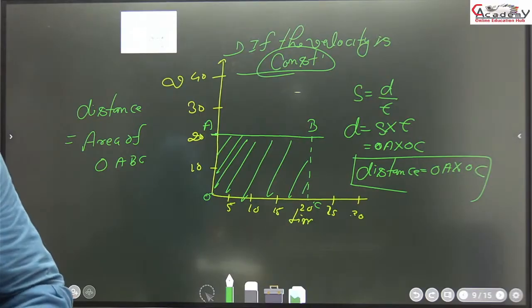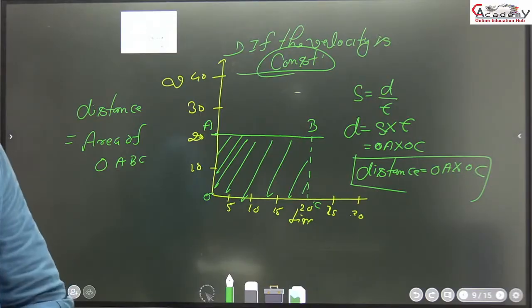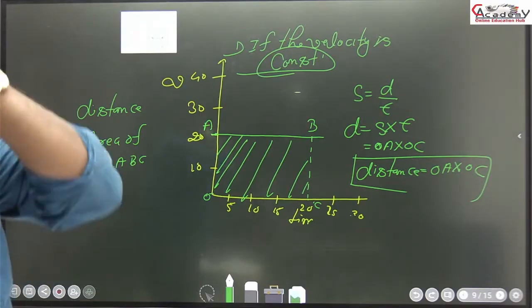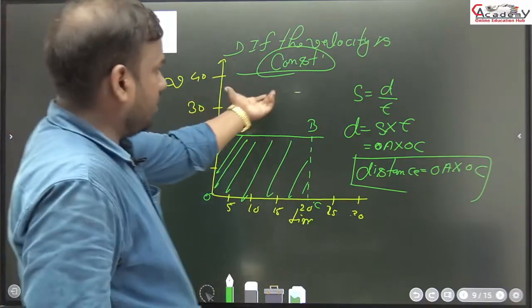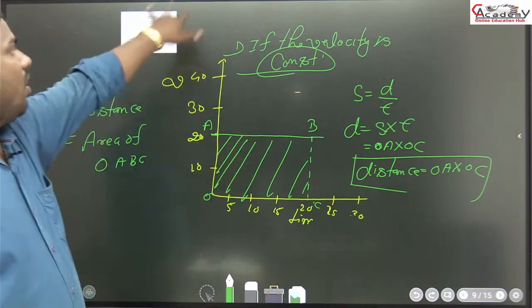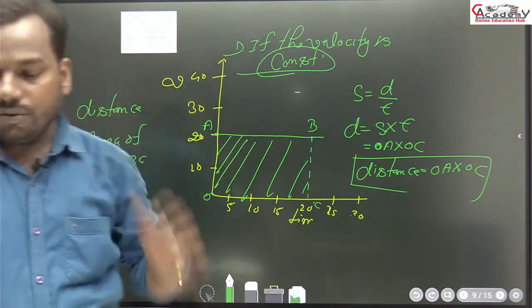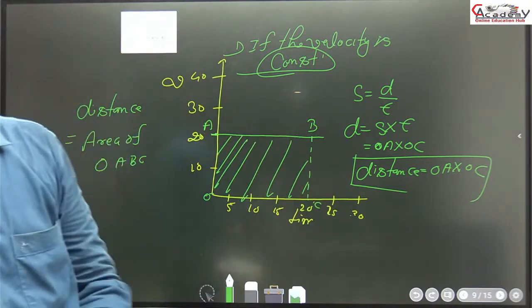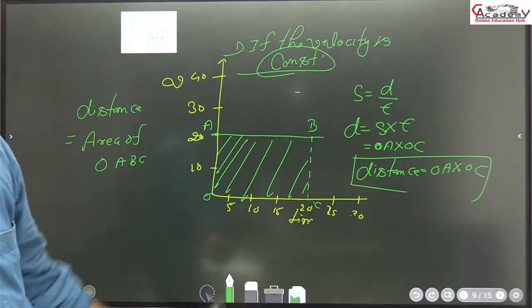Sir, use black, Anup Kumar Yadav, clear. Sir, use a black sketch because it is a white surface. On a white surface we can use a black sketch. Okay, is that clear or not?